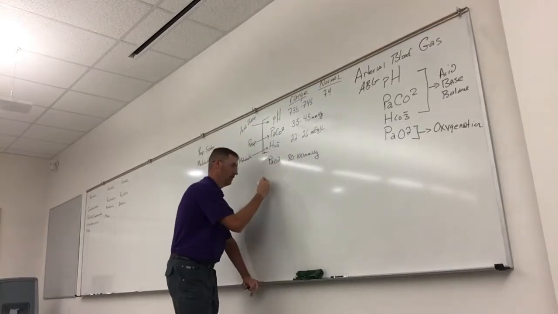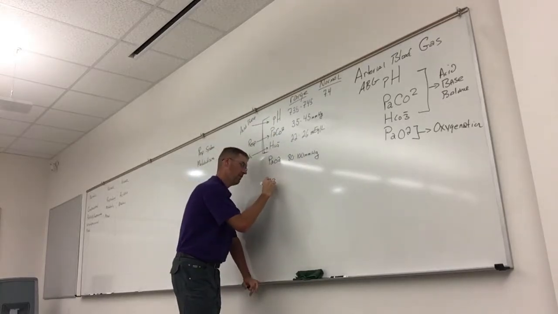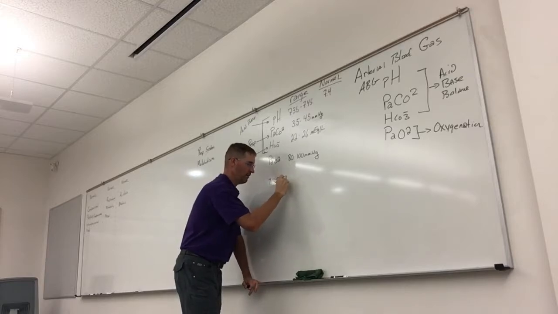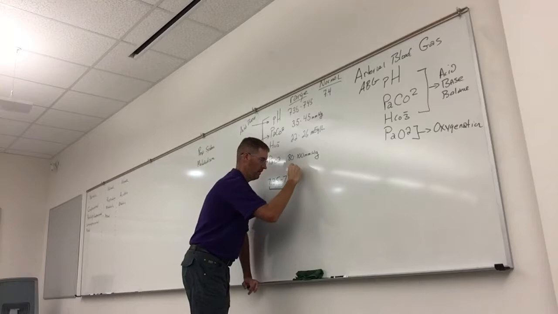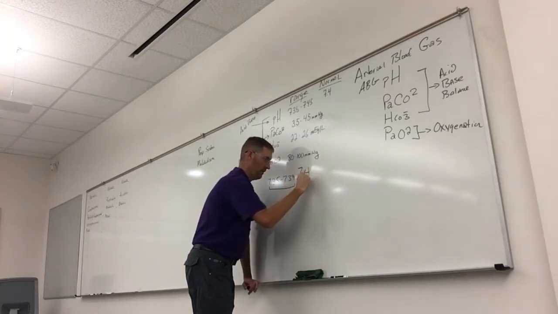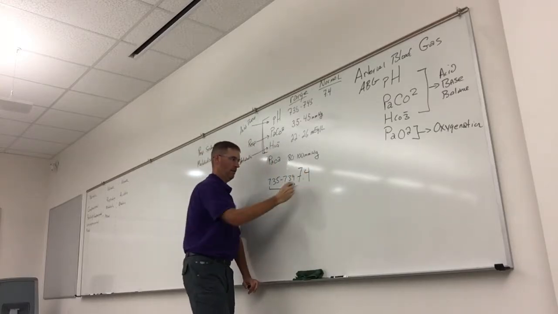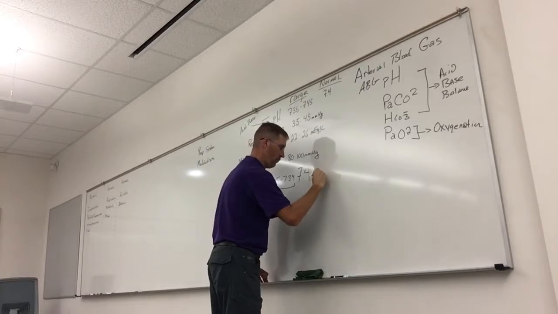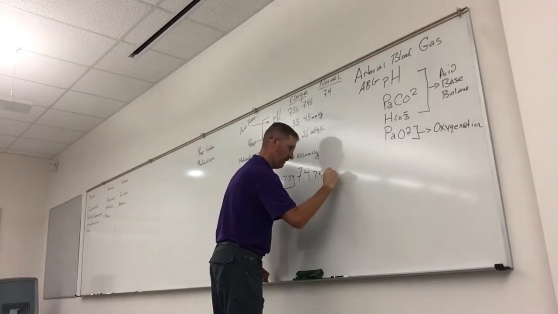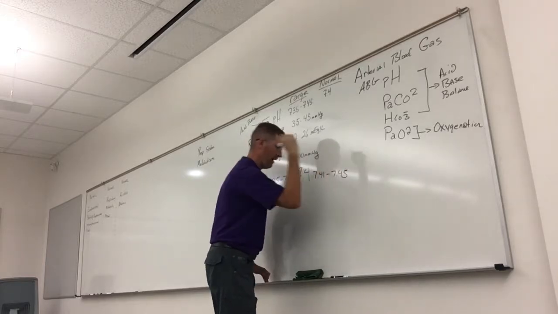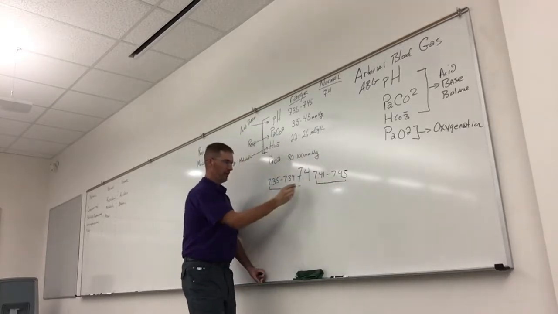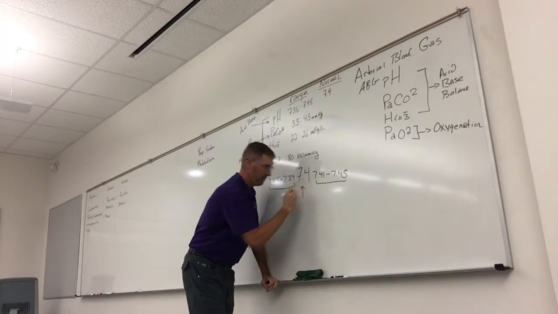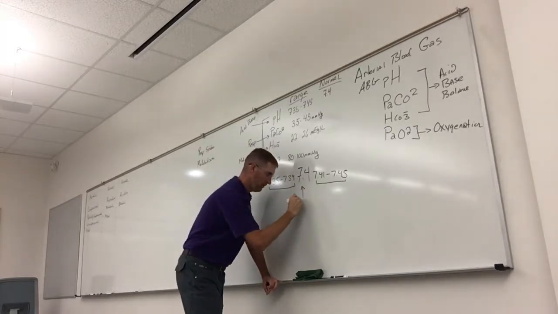So, 7.35 to 7.39, and then 7.4 in the middle, and then 7.41 to 7.45. So 7.4 would be what? Normal. Perfectly normal.